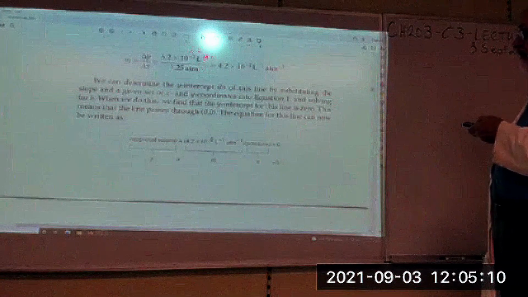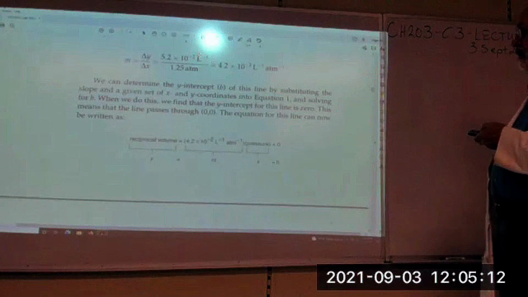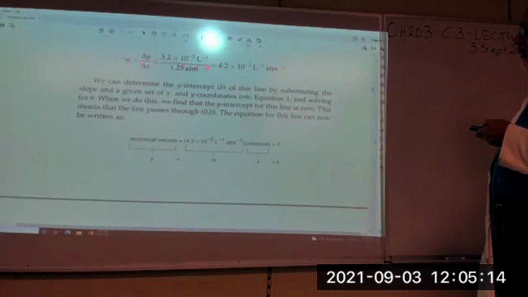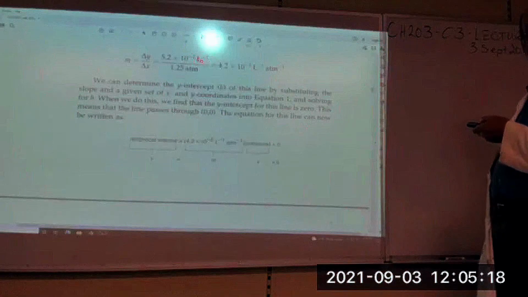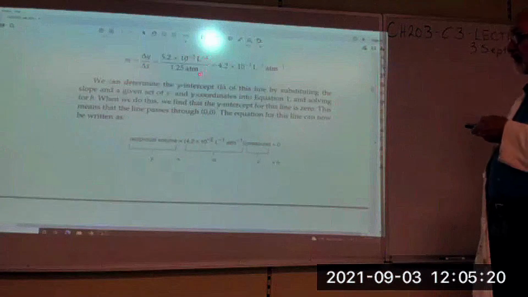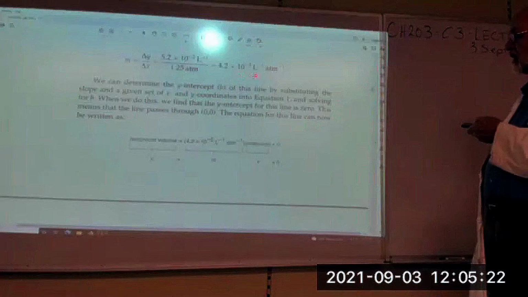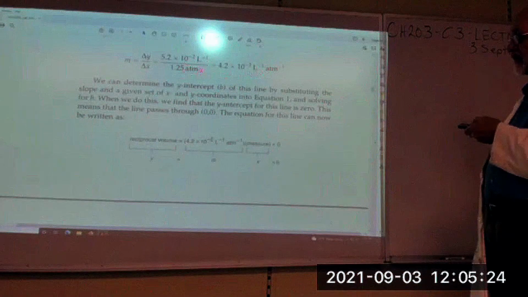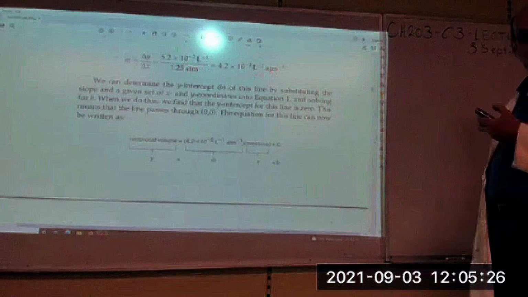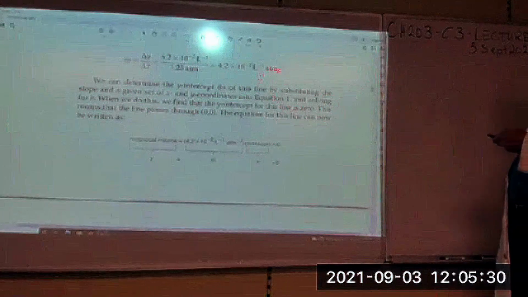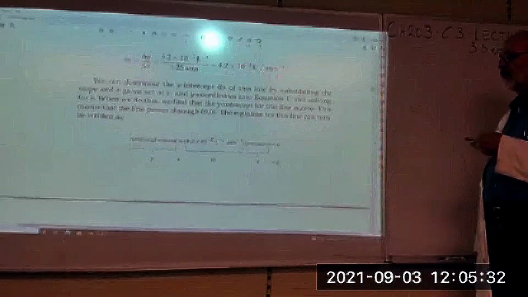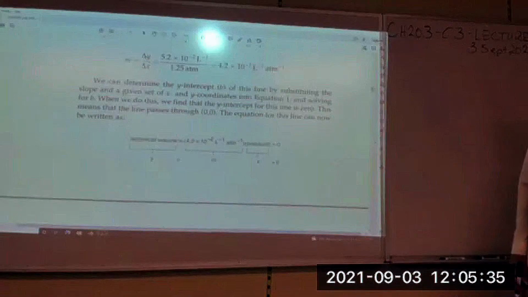Volume is inverse here. So the units of measure in your slope are going to be liters to the -1, which is the inverse of our volume, divided by atmospheres, which means since it's in the denominator, we bring it up here in the numerator, now it's -1 too. So it's liters -1, atmospheres -1 as units of measure on the slope of that line.